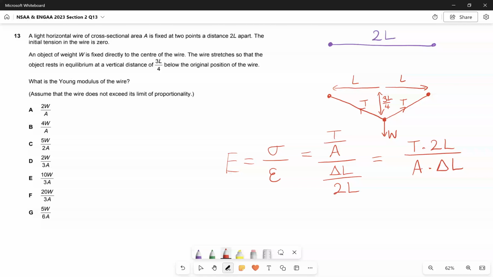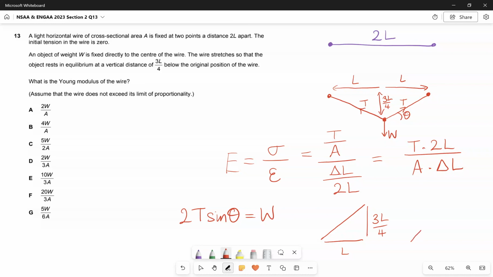We can get T quite easily because the component of T vertically, which will be 2T times sine of some angle. So if I define this angle theta, this will need to balance the weight, and then they'll balance each other horizontally. Sine theta we can get quite easily because it is the opposite term will be 3L over 4, and then the term for this length we can see is, so if this is L, that's 3L over 4.